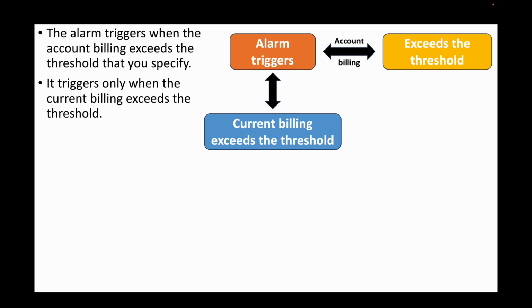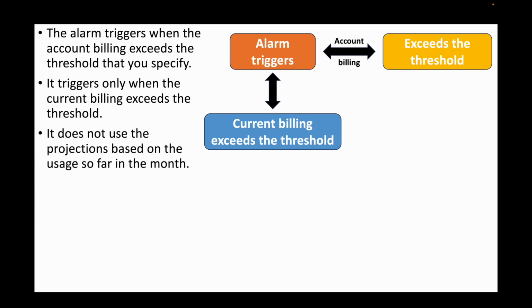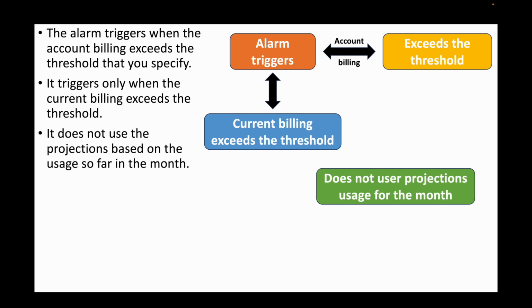So this is generally on a monthly basis, your monthly cost that gets calculated, and it will be your current billing. For example, let's say for the current month till date, if you have exceeded the threshold, then the alarm will be triggered. It does not use the projections for the month.